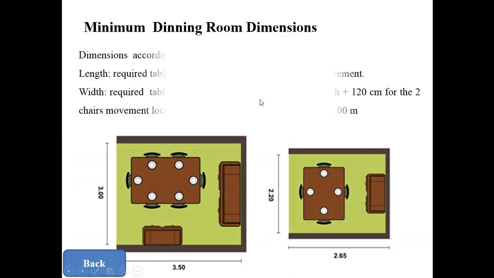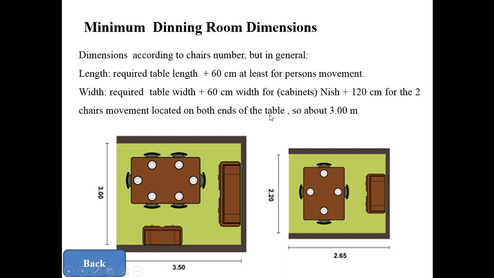The minimum dining room dimensions as we see, length and width, minimum, here for 6 and here for 4 persons, with dimensions according to the number of chairs. So you must first ask yourself how many family members there are. If there are 6, it is different from 4 or 8 and so on.